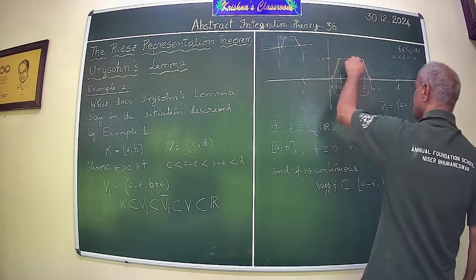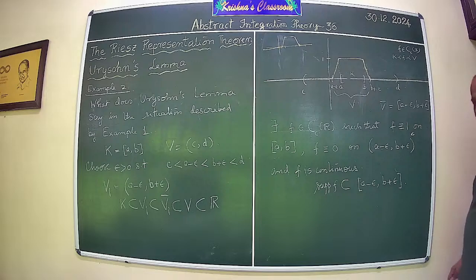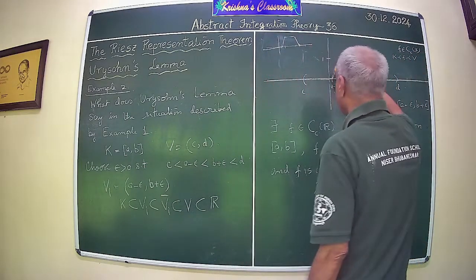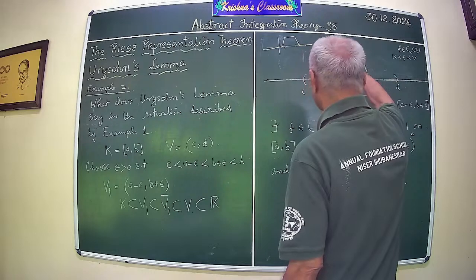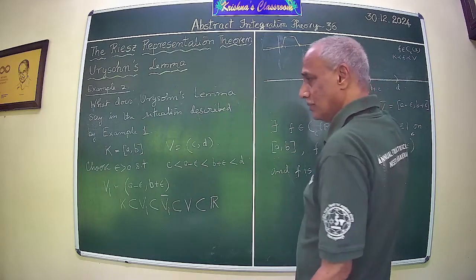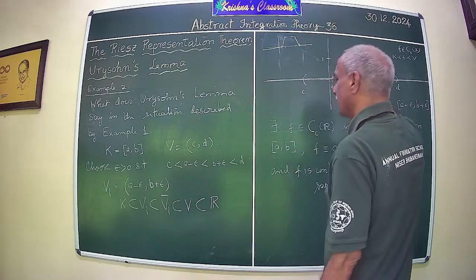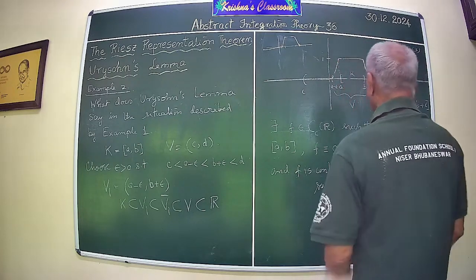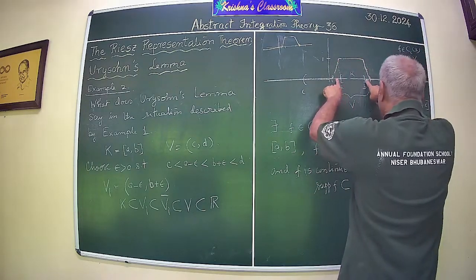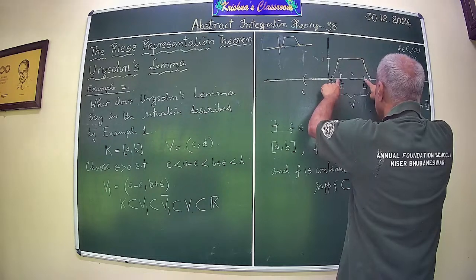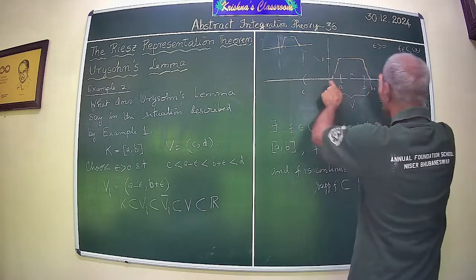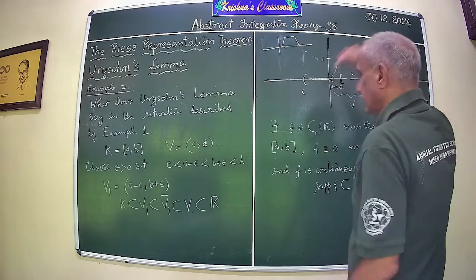In between, it's a straight line segment. Such a function exists. Now, what I wanted to highlight in my previous diagram was that this need not be a straight line. There are several functions of this kind. But what you need is a positive gap, an epsilon positive.